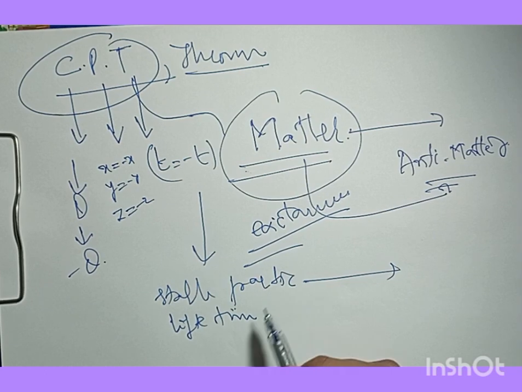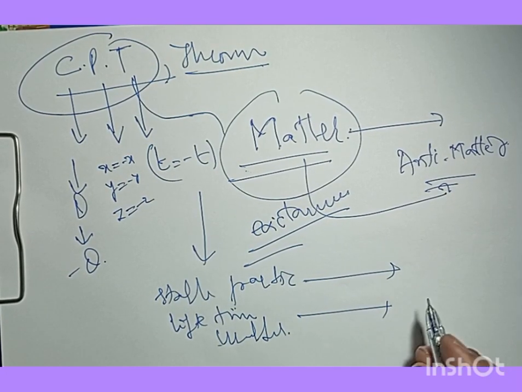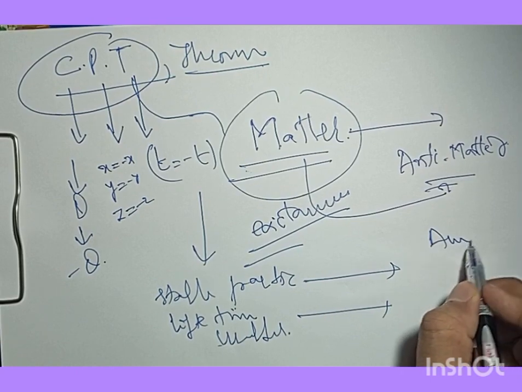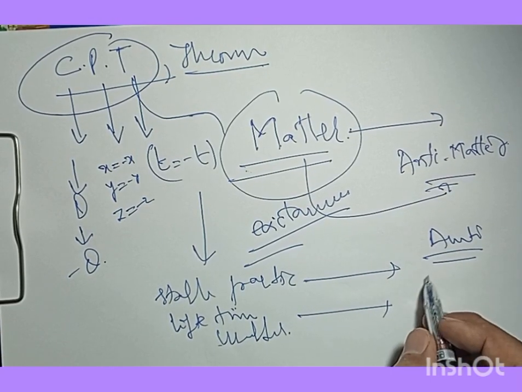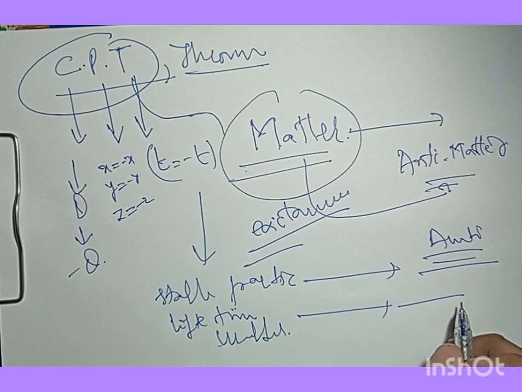If we have an unstable particle, its lifetime is equal to the lifetime of the antiparticle. So, same mass and same lifetime.